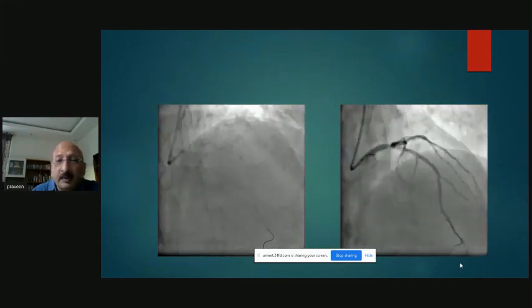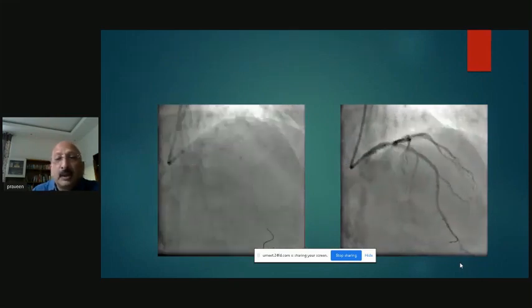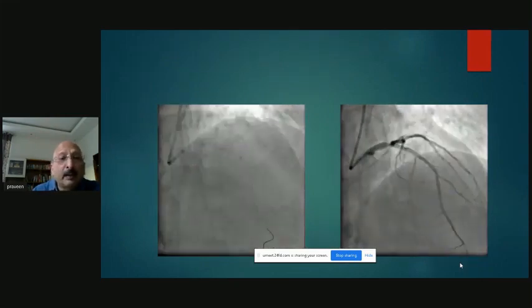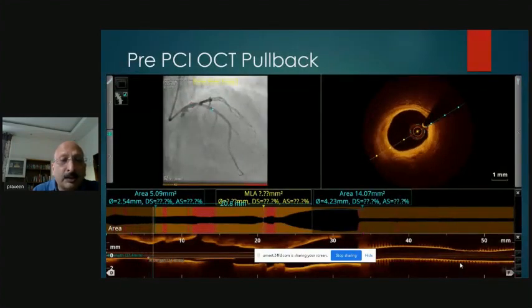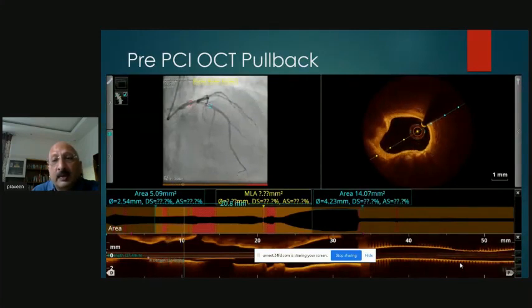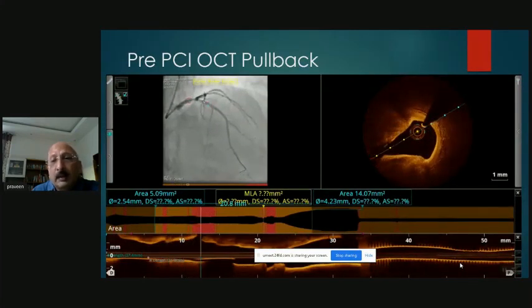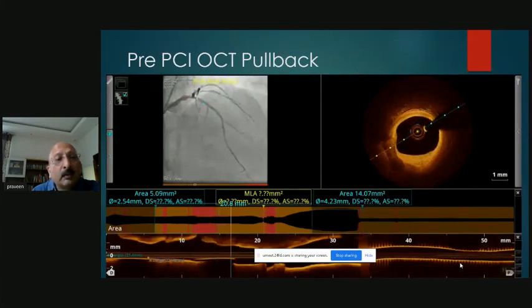As you see here, FFR was significant, and also in the OCT we wanted to know the nature of this plaque. To start with, the lesion was not looking so tight, and you see that this is a calcification distally. And now you come to this co-registration.